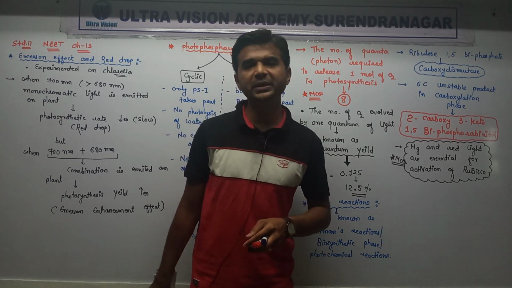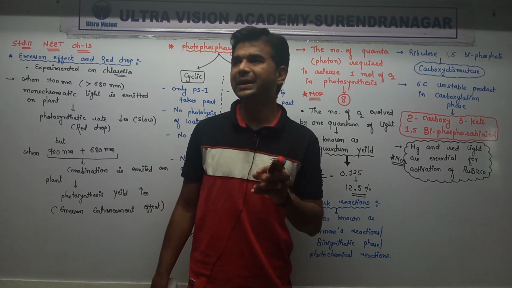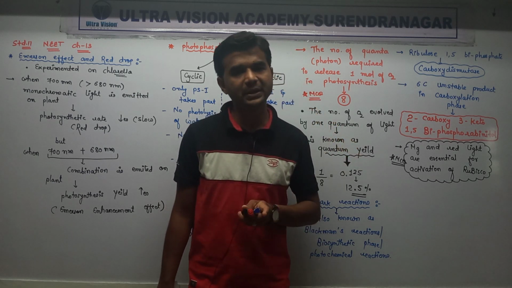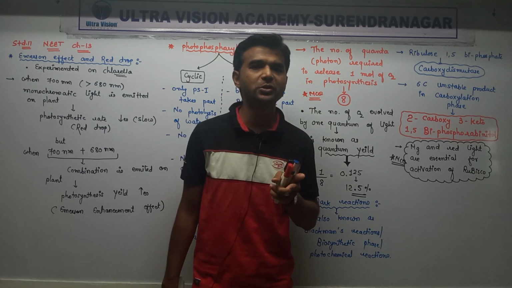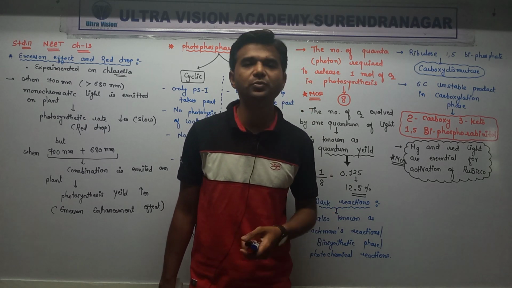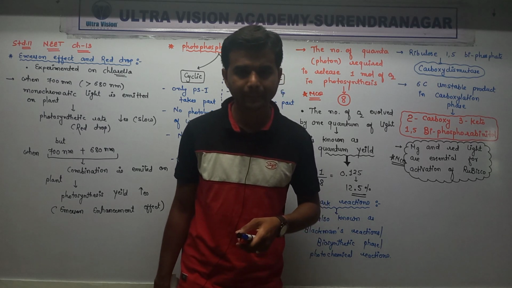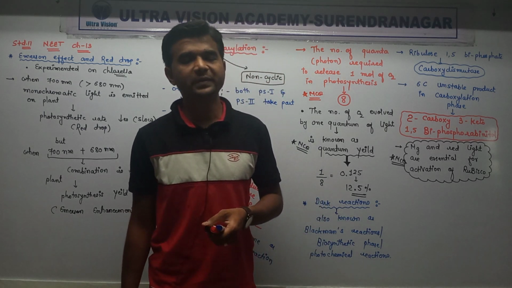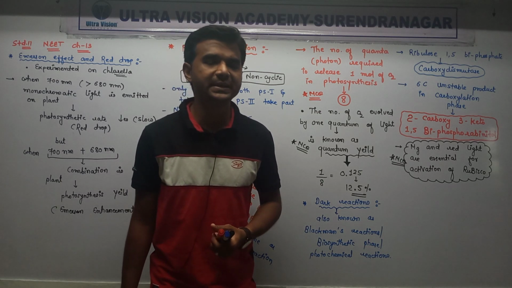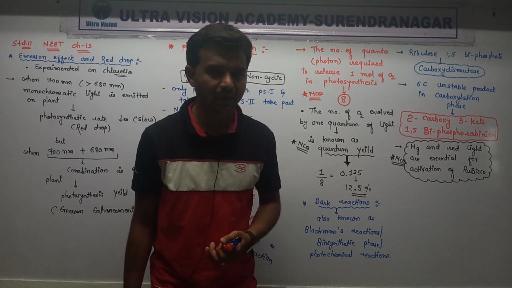With the help of the two ATPs, two NADPH2 molecules are converted into two NADP. As a result, the 2 moles of protons can enter into the 2 molecules of PGA. So 2 molecules of PGA are converted into 2 molecules of PGAL.